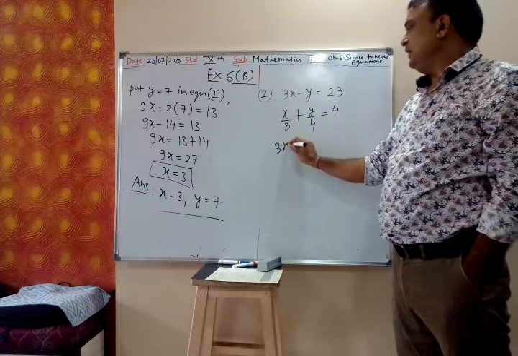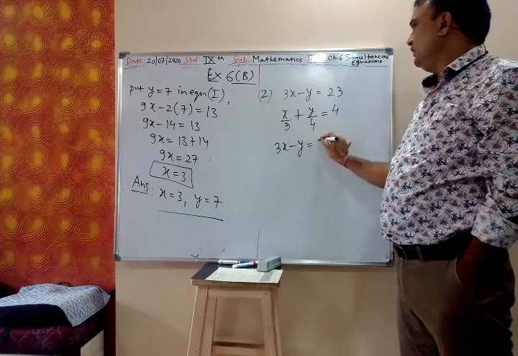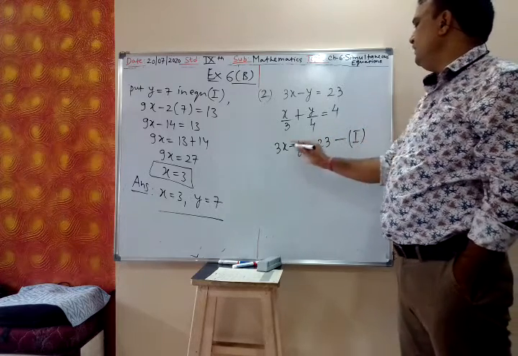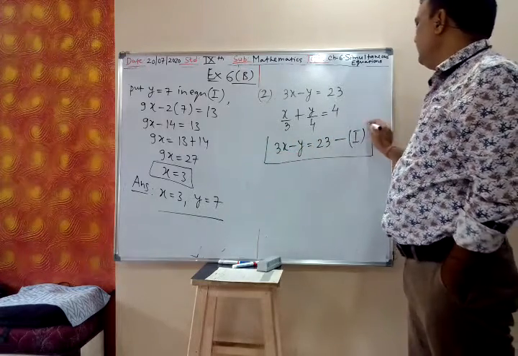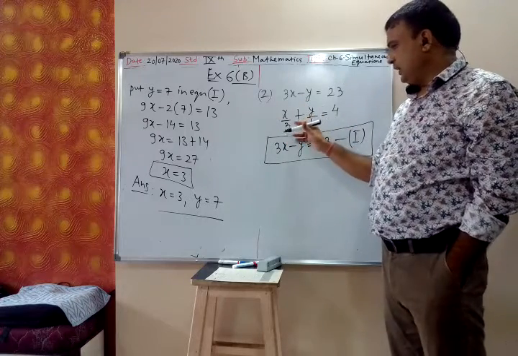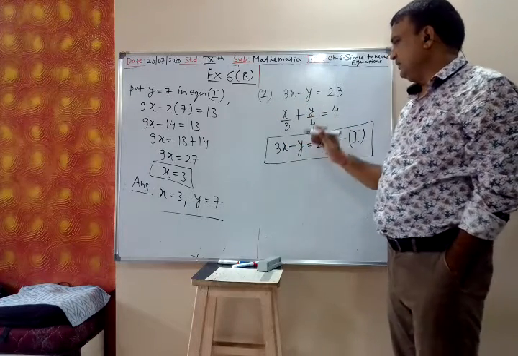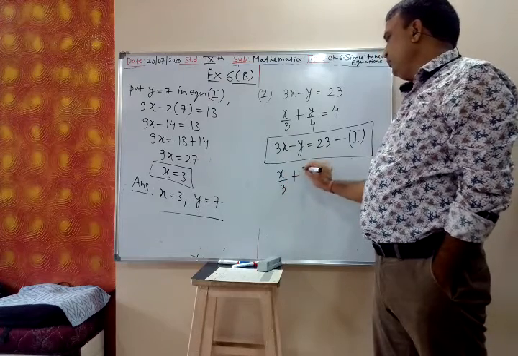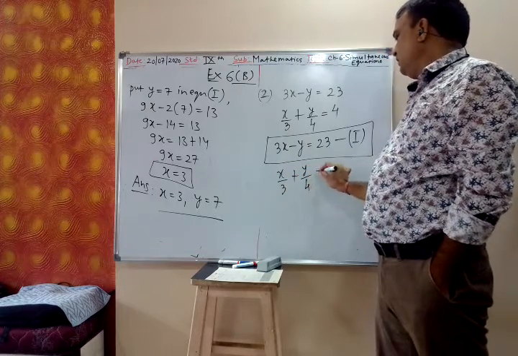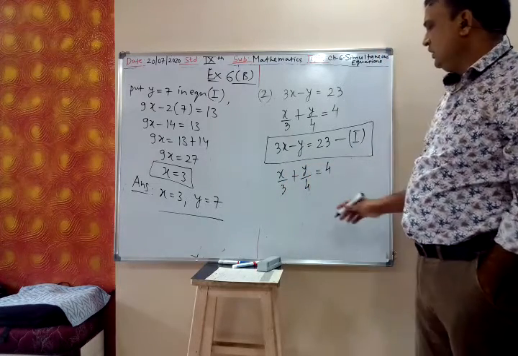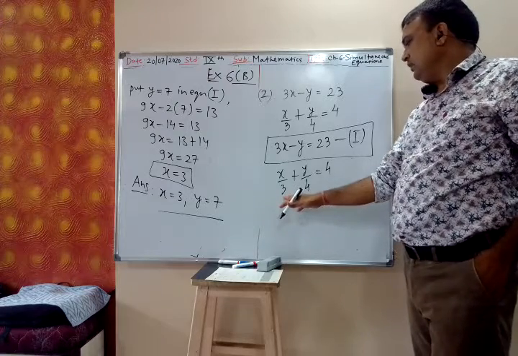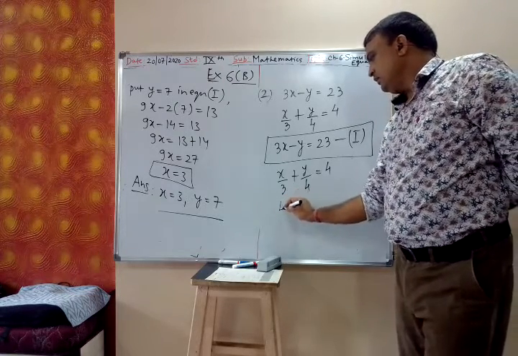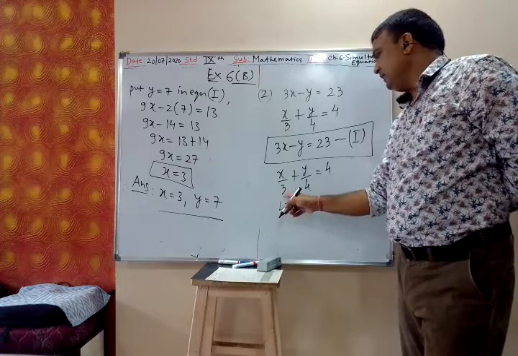So 3x minus y is 23. This is my equation 1, directly given. Now to get equation 2 I will solve the second. x upon 3 plus y upon 4 is equal to 4. I will take the LCM of 3 and 4, which is 12.